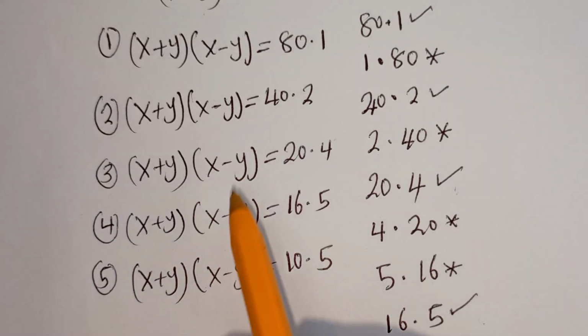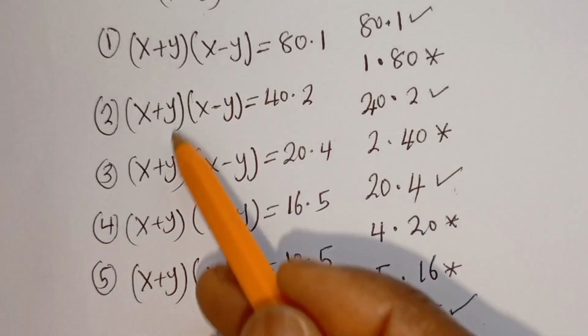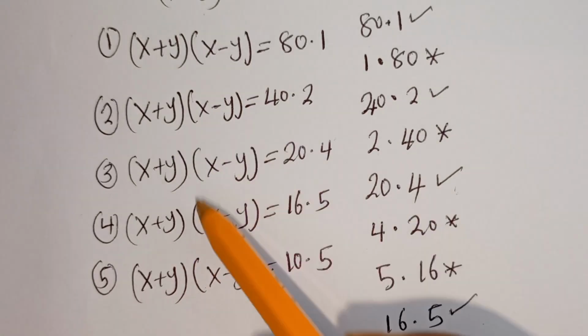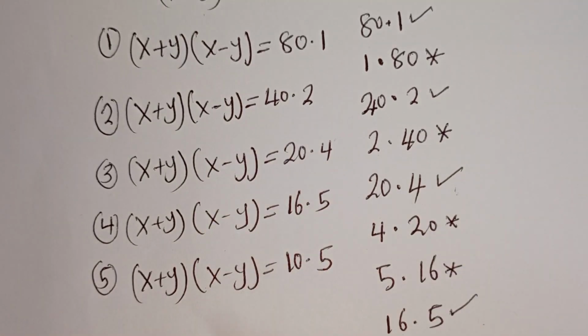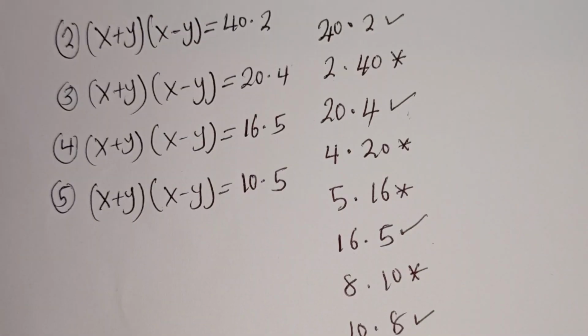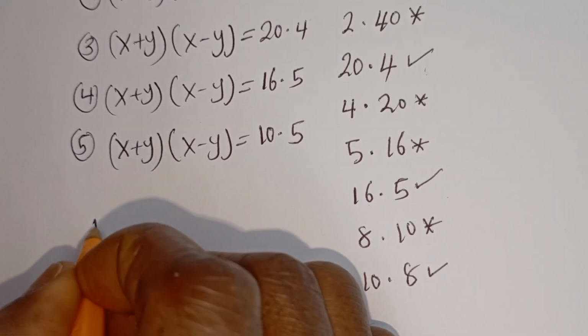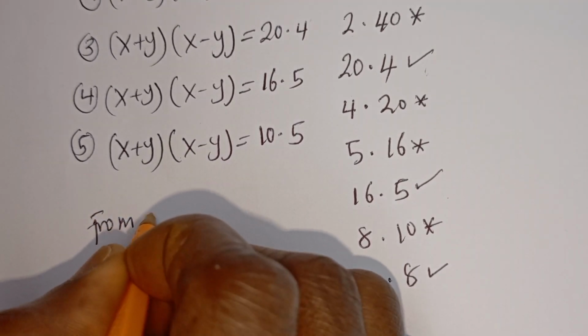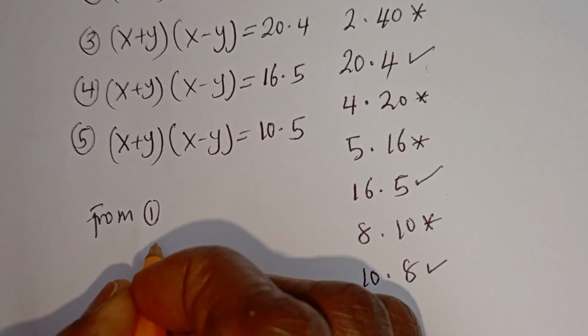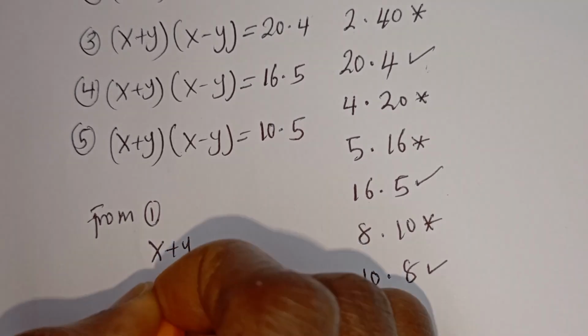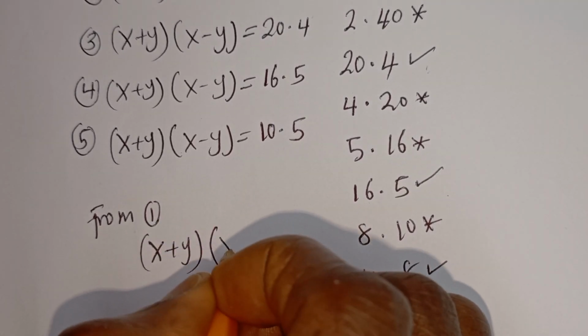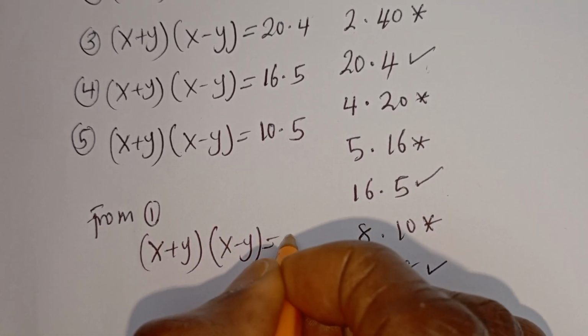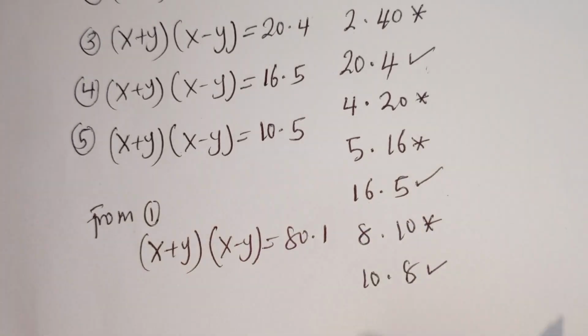So now let's form a simultaneous equation from this and solve the equation. From the first case, we have x plus y bracket x minus y is equal to 80 multiplied by 1.